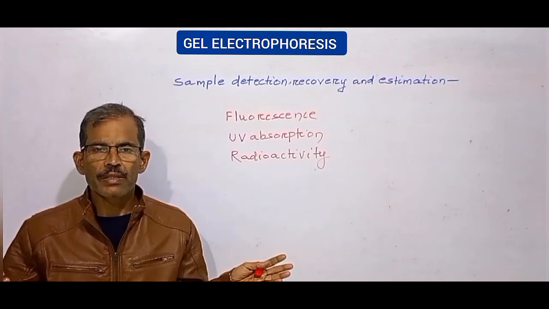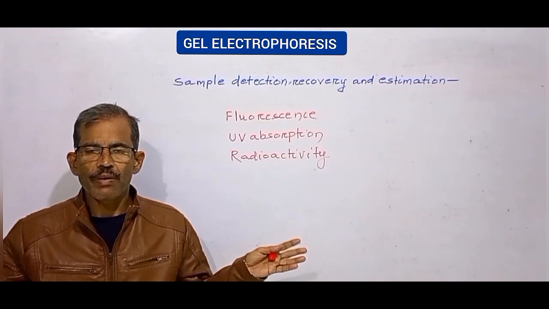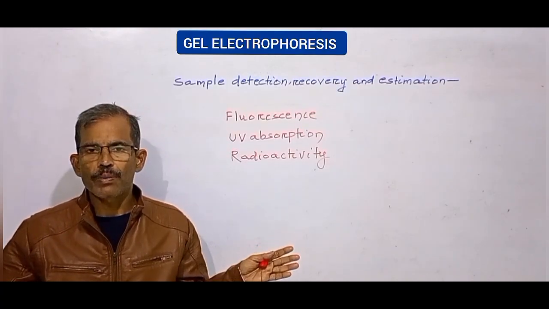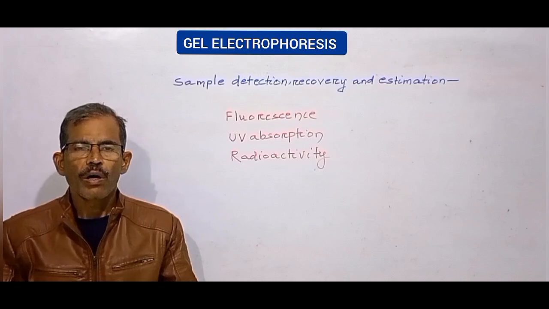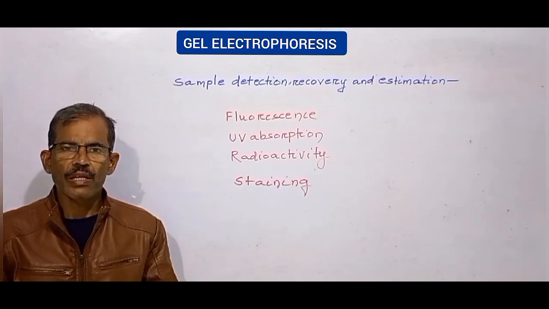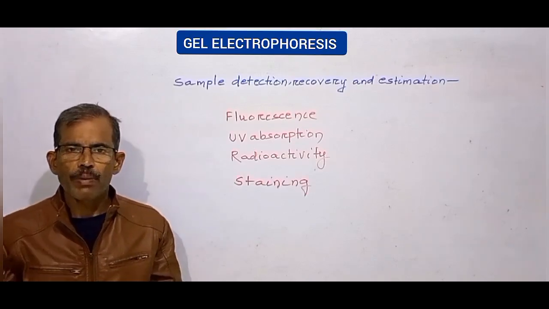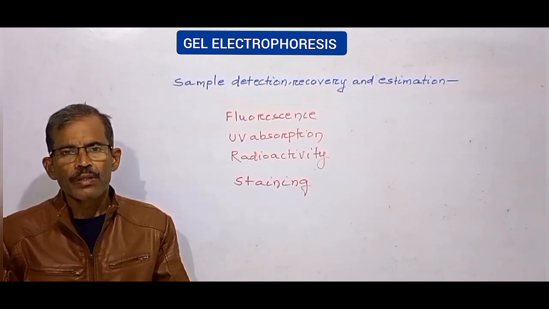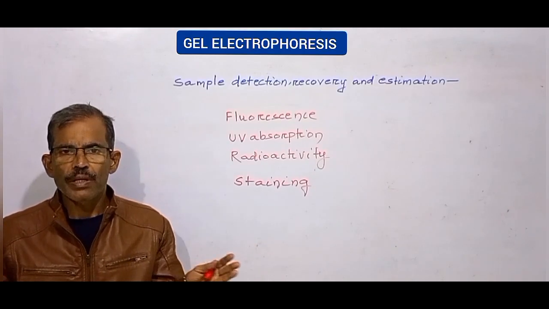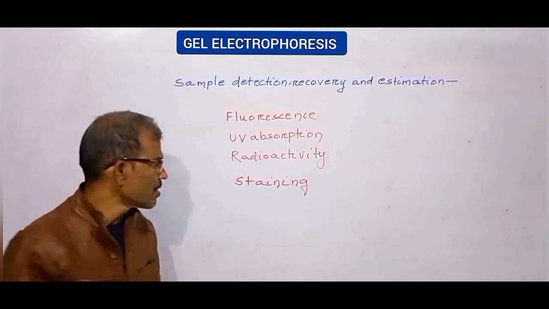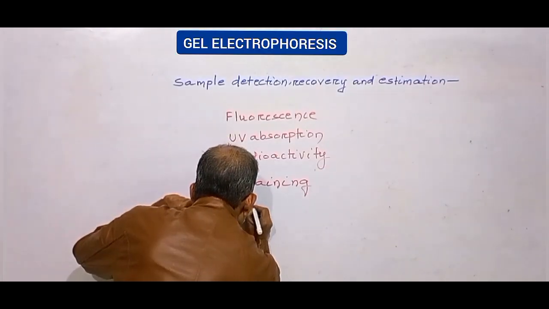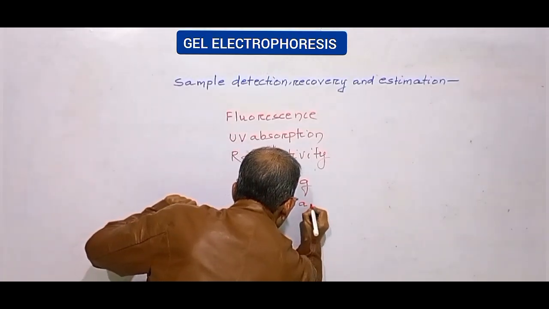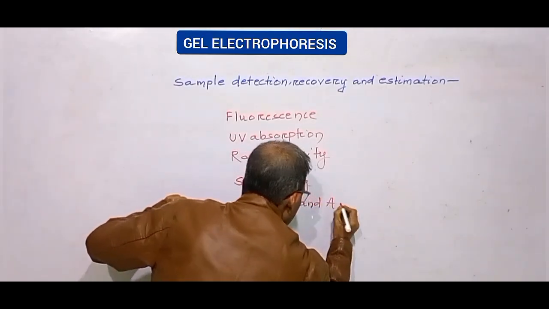Prior to staining, the gel can be treated with a fixative in order to prevent the diffusion of the resolved components. Upon staining, the starch gel turns opaque, thereby making it difficult for direct densitometry. This difficulty can be obviated by treating the starch gel with glycerol and acetic acid.